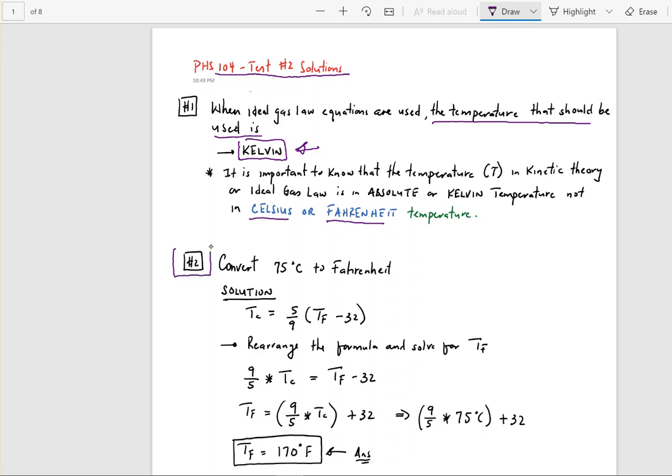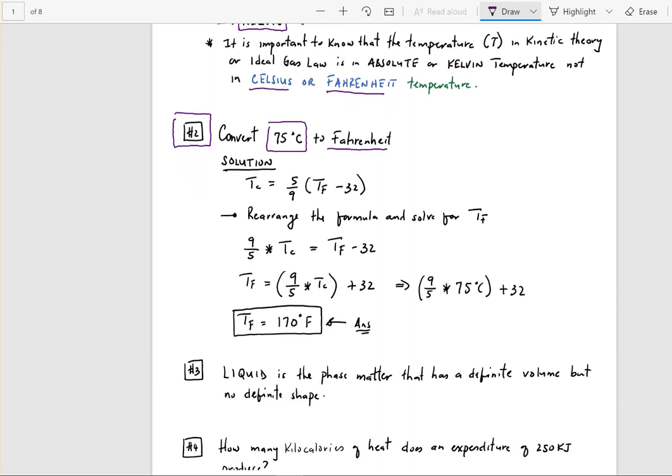Those have to be converted into Kelvin. So for number two, they're asking us to convert 75 Celsius to degrees Fahrenheit. Here's the actual conversion equation. If you want to find Celsius, this is the equation you would use, but we can manipulate it to find Fahrenheit.